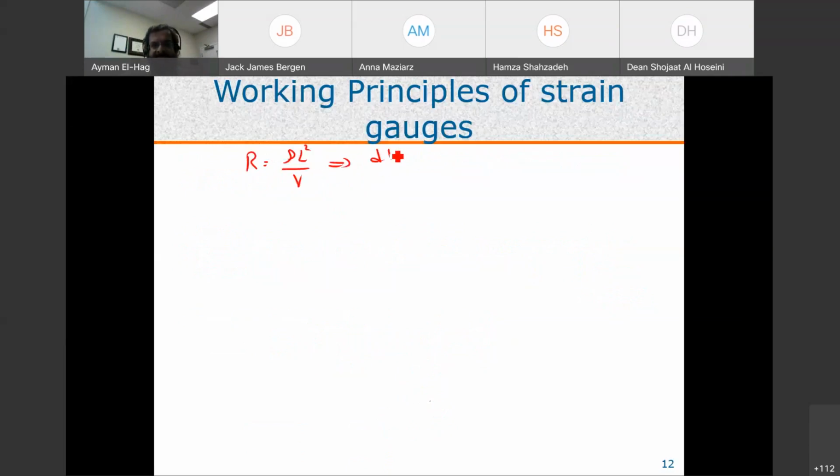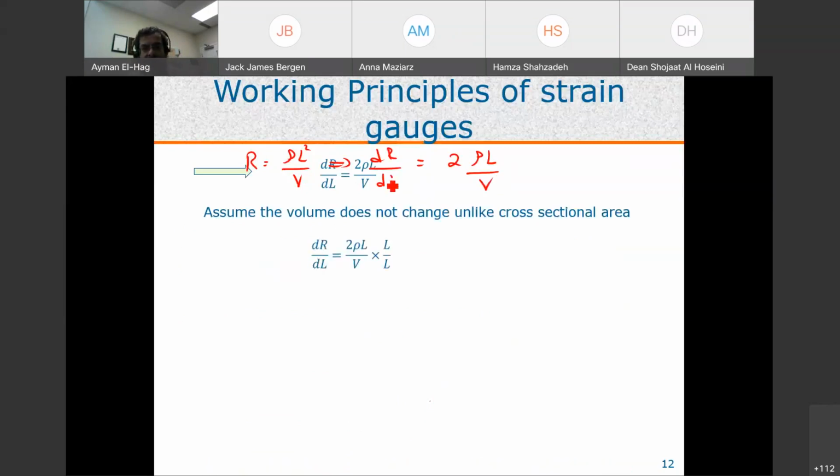So let me take the derivative dR by dL, with respect to L. This becomes 2 rho L divided by V. So this is your dR by dL, 2 rho L divided by V. Now again, I will multiply this dR by dL with L divided by L. Now we know that R is equal to rho L square divided by V. So rho L times L over V is nothing but R. This is from the previous formula.